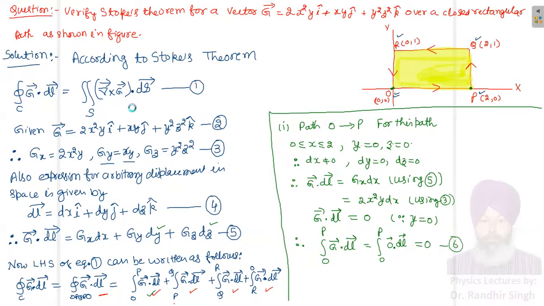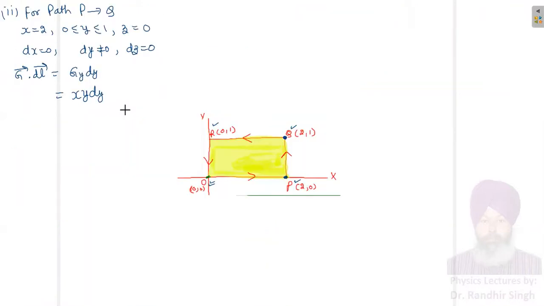This is nothing but 2y dy. Because of this dy, y is a variable, and you can see the limits of y are 0 to 1.